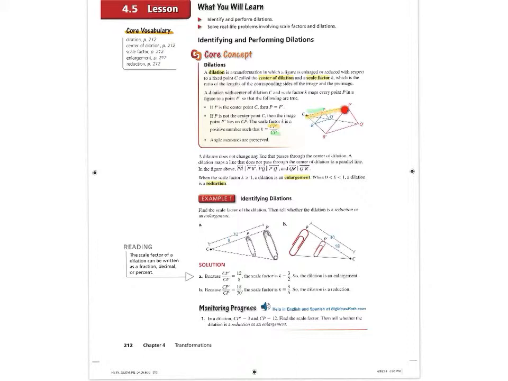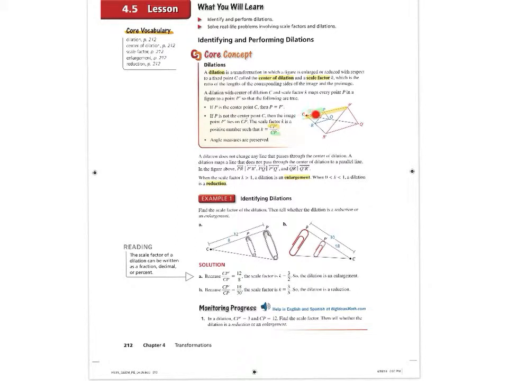So C to P prime is this yellow highlighted section, and whatever this distance is, it's the top number of your ratio. The bottom number is the C to P distance.